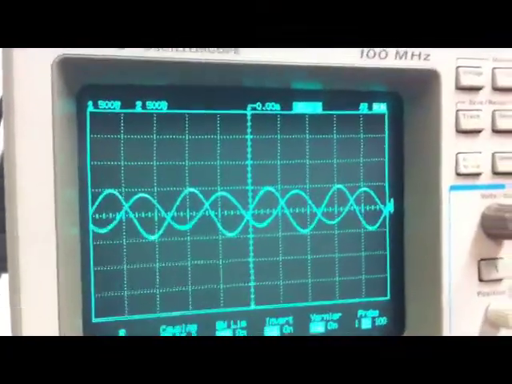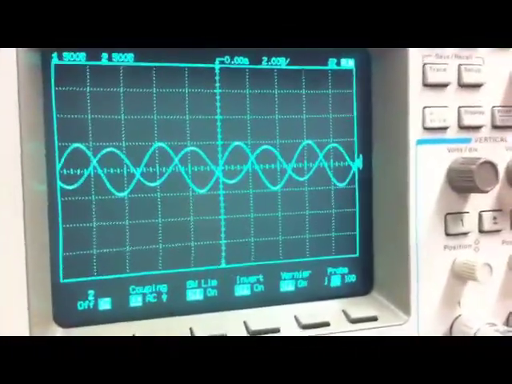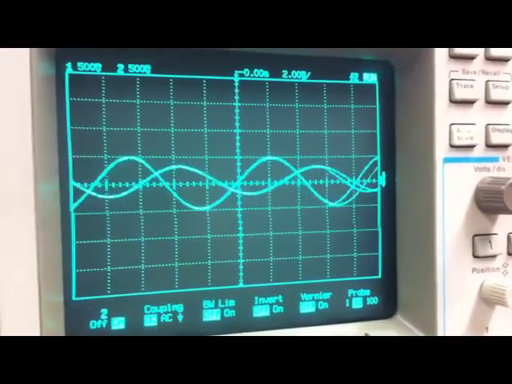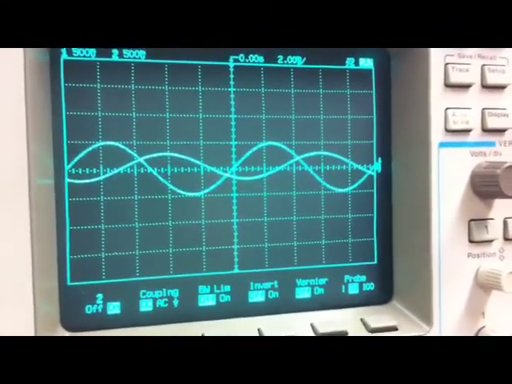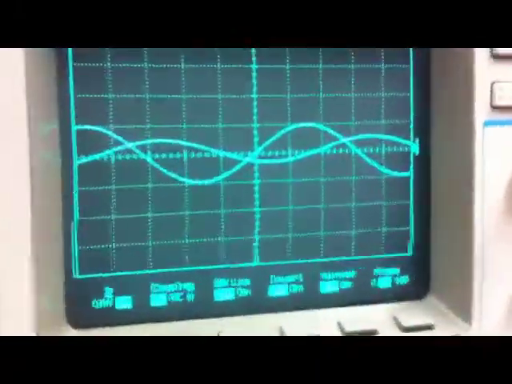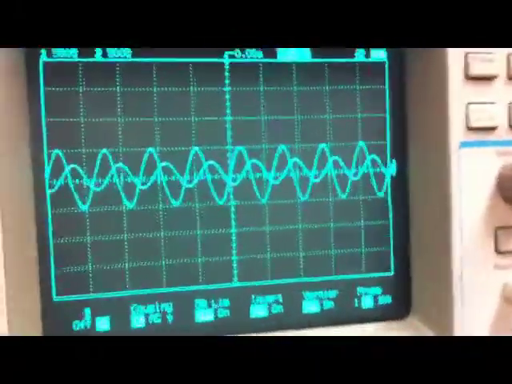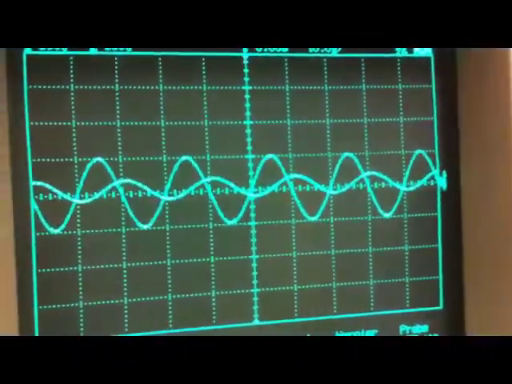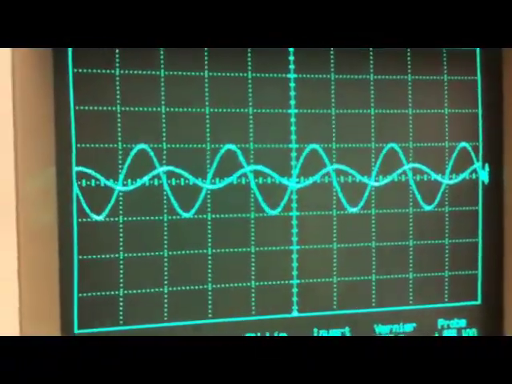You're going to start to see the high-pass filter working its magic. And as we reduce that frequency, you can see the amplitude is getting reduced in our output. And that's how a high-pass filter works. So right now we're at about 50 hertz, and you can see we've lost about half of our amplitude.